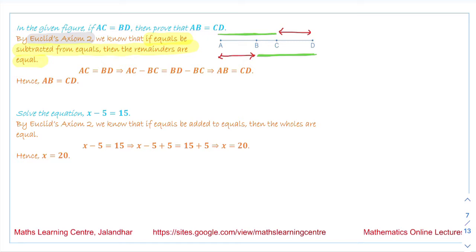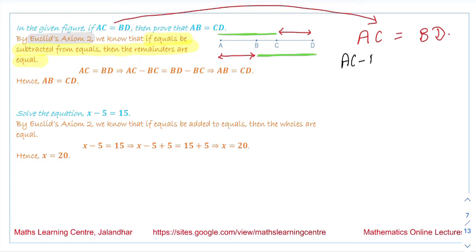So we start: AC is equal to BD, this is given to us, and we subtract BC from both sides, that is BD minus BC.